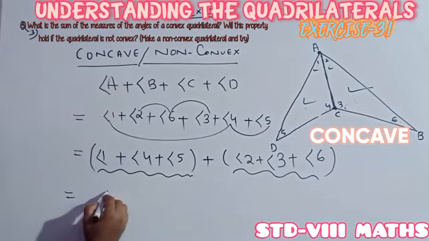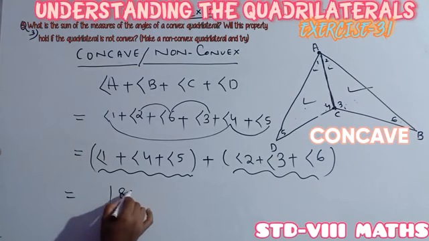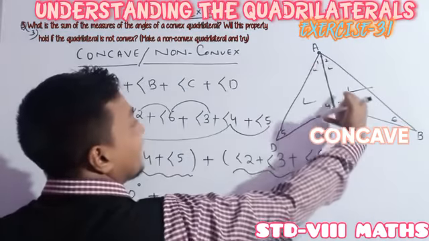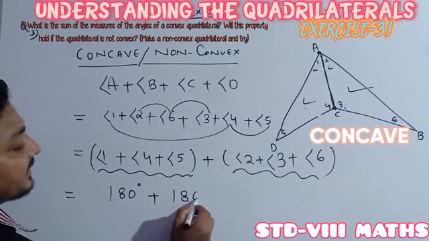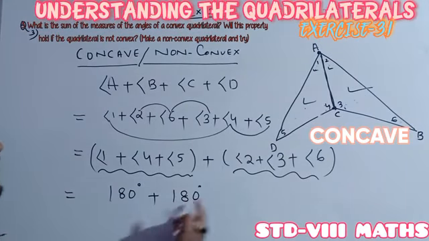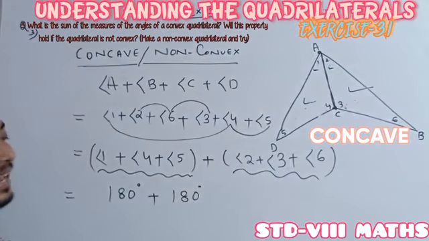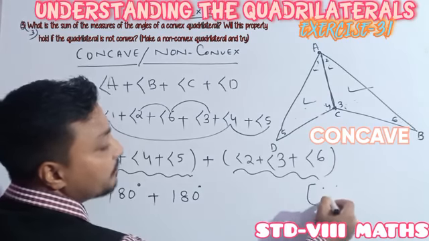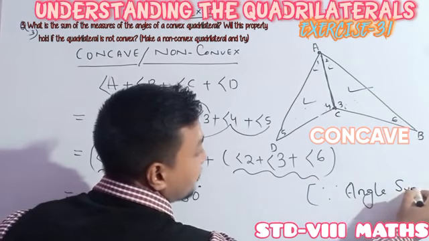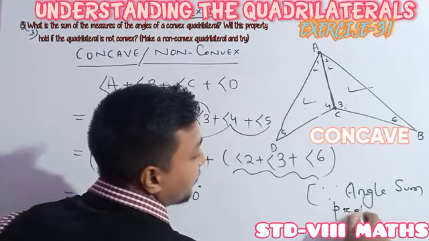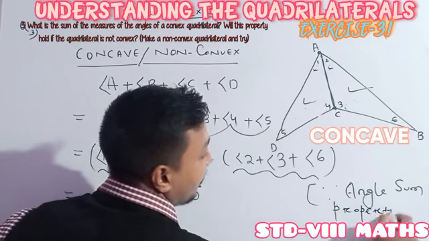These are the 3 angles of triangle ACD, so their sum is 180 degrees. And on the right side, angle 2, angle 3 and angle 6, their sum is also 180 degrees. Why is it 180 degrees? Because of the angle sum property of the triangle. On the right side you should write: angle sum property of the triangle.